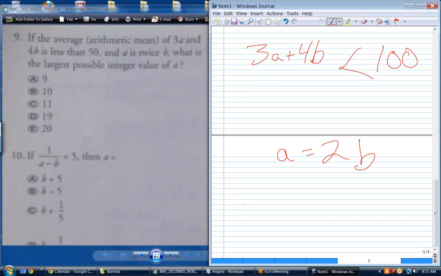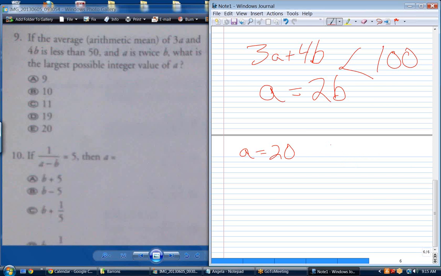Let me write this up here. A is equal to 2b. Let's test out the scenarios. Can a be equal to 20? Well, what would b be? 10. And then what would the average of 3a and 4b be? I don't know.